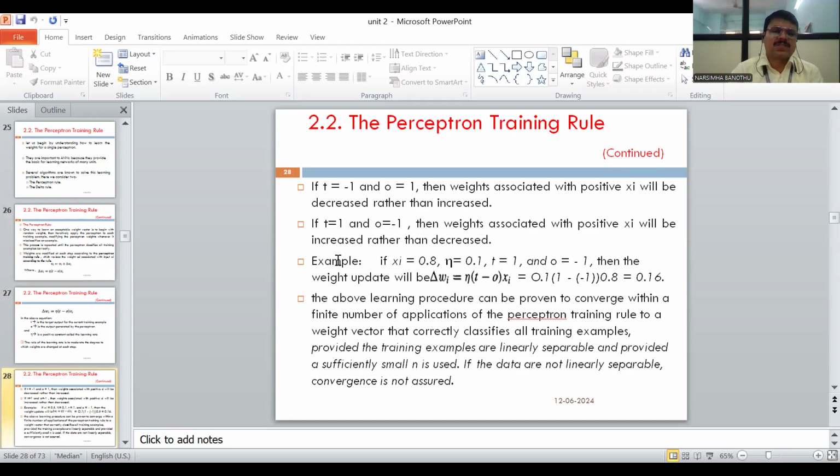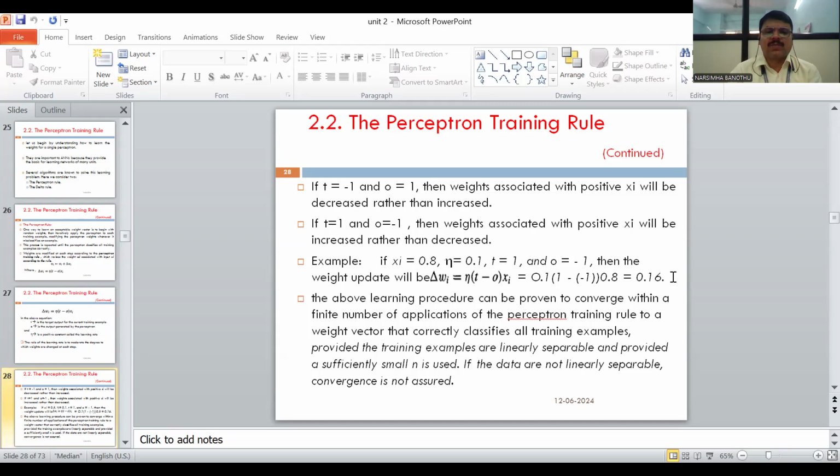So you can see this example also. If xi is equal to 0.4 and n is equal to 0.1, t is equal to 1 and o is equal to minus 1, then the weight update will be delta wi is equal to n of (t minus o) times xi. So how much did we get here? 0.1.